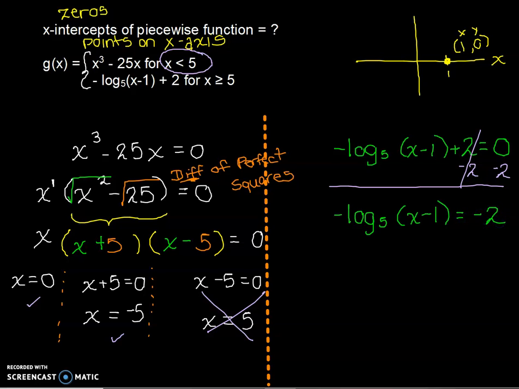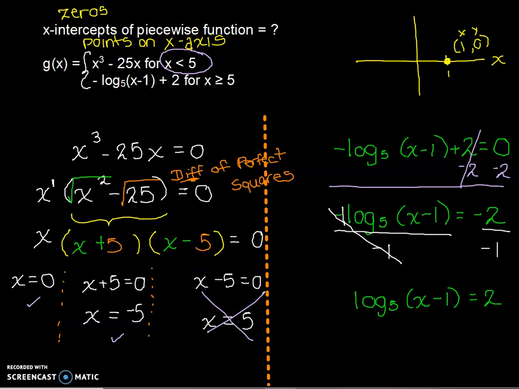Now you do have different options here. Technically you could condense it by changing this coefficient to an exponent, but that would make things more difficult by giving your binomial a negative power. So instead it's being multiplied to the log. I'm going to divide both sides by what it's being multiplied by, which is negative 1. So this would give me log base 5 of x minus 1 equals 2.